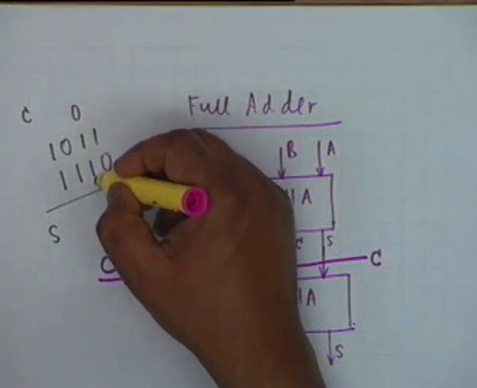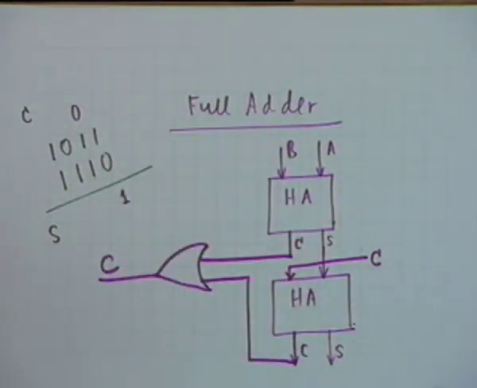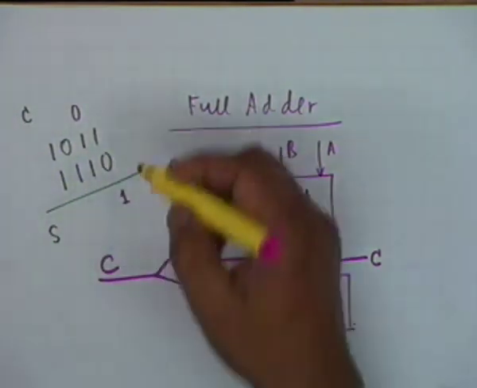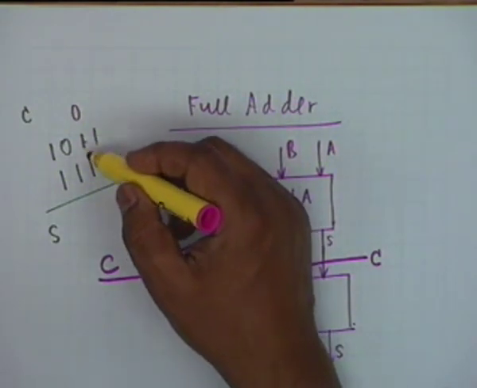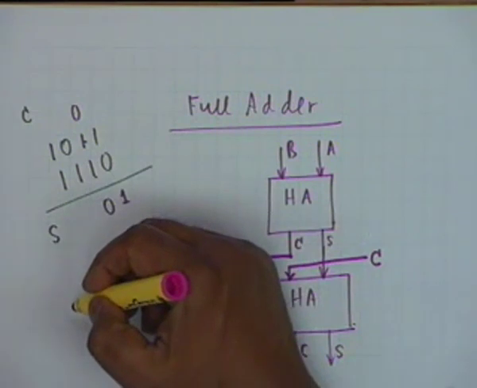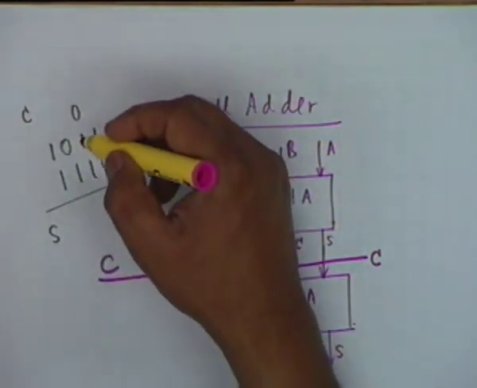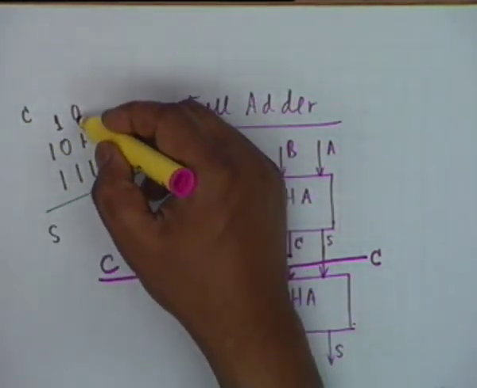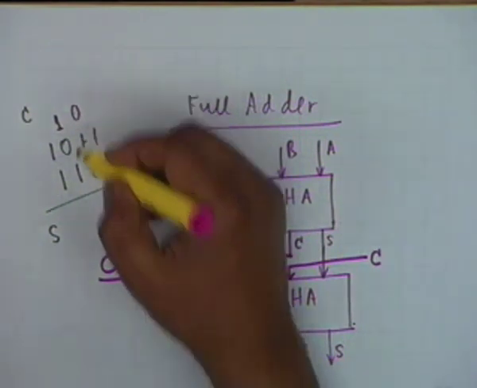This carry goes to the next bit. 1 and 1 is 0 and the carry is 1.